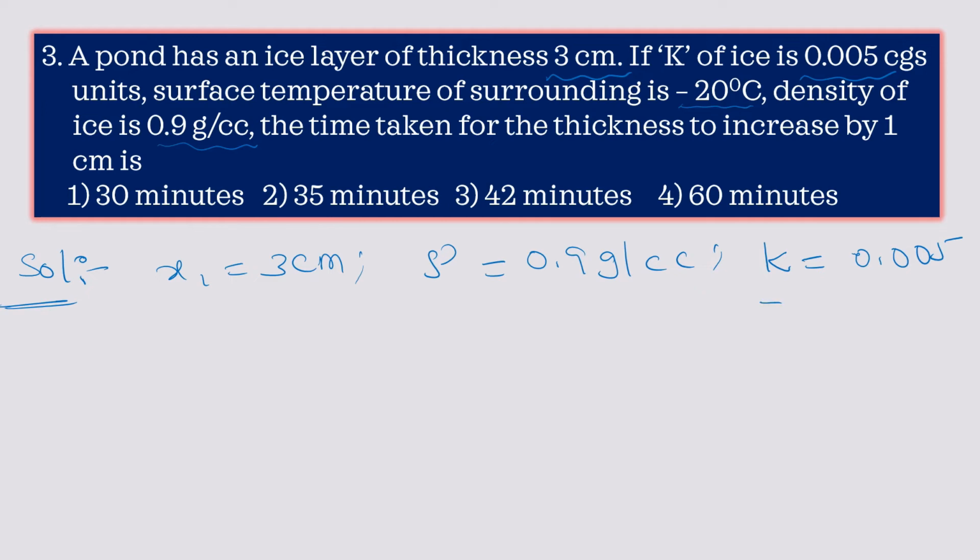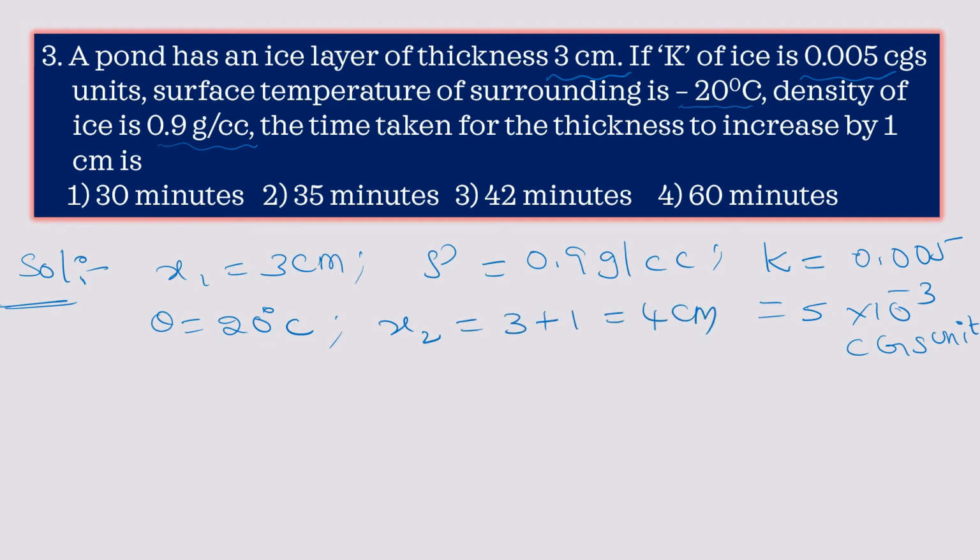So this can be written as 5 into 10 to the power of minus 3 CGS unit. So theta is given as 20 degrees centigrade and x2 is equal to 3 plus 1, that is equal to 4 centimeters, and latent heat of ice is given as 80 calorie per gram.